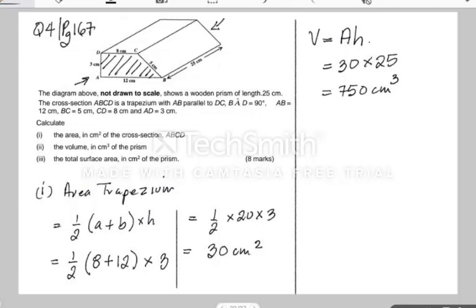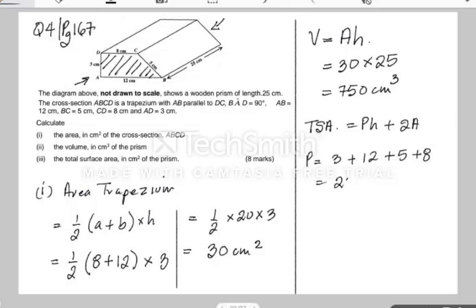Now, the last thing we need to do is to calculate the total surface area in centimeters square of the prism. All right. If we wanted to, for this one, we could also use an intuitive approach. Using the formula, the total surface area is equal to PH plus 2A. P is the perimeter of the cross section, which is 3 plus 12 plus 5 plus 8.